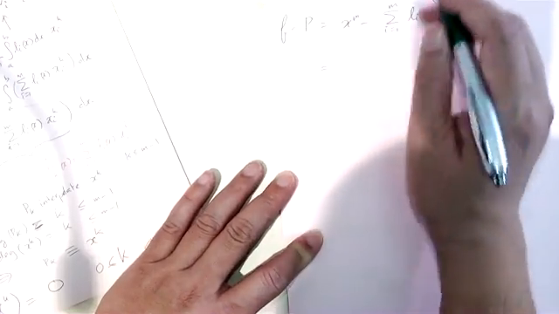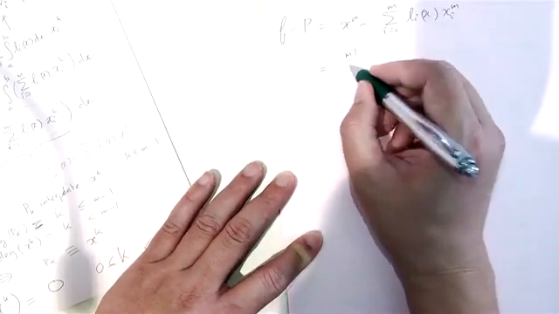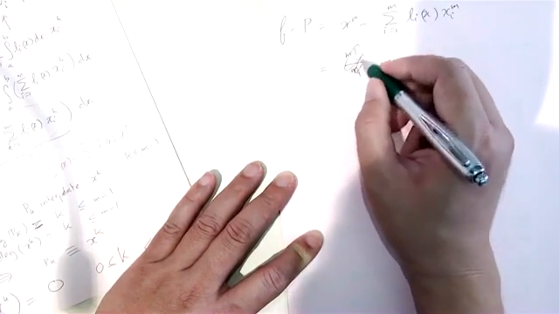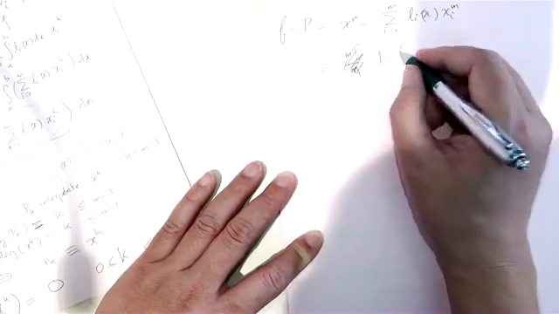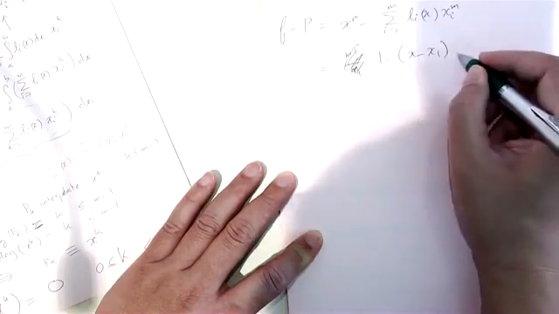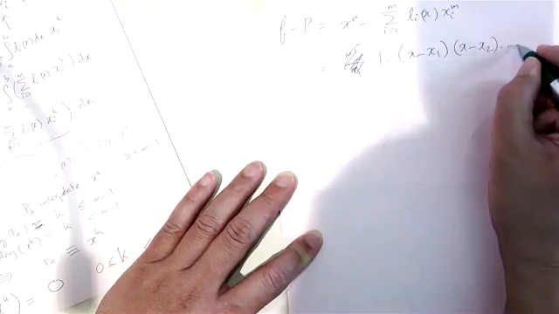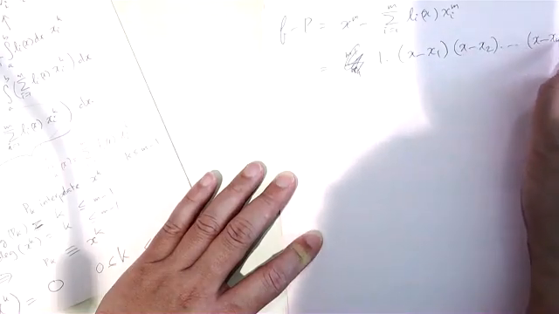It equals m factorial over m factorial, which is just 1, times (x minus x1)(x minus x2) and so on up to (x minus xm). So it's a non-zero function.